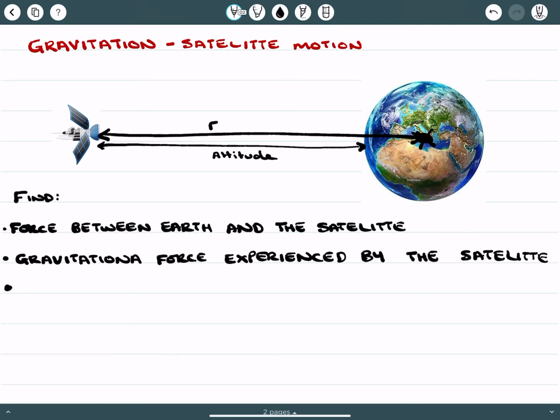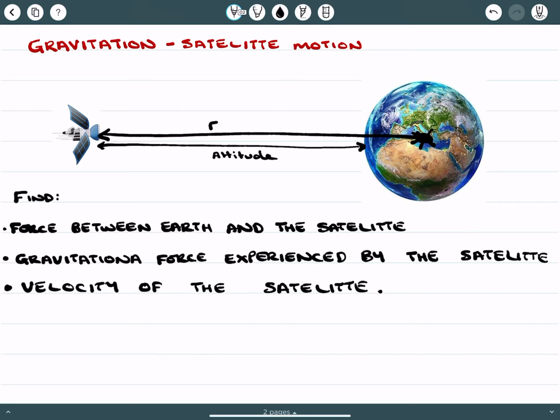And we also want to look at the velocity. So how fast the satellite is moving. So these are three key aspects.